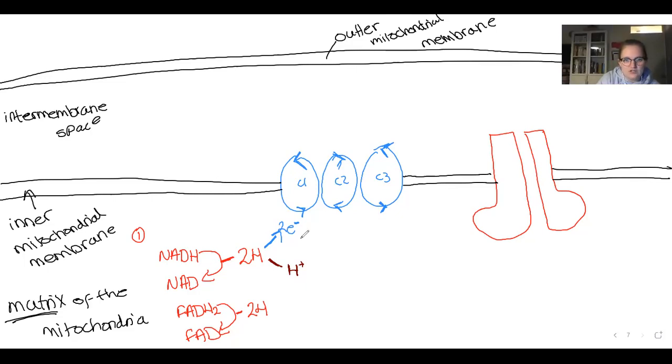So we should have protons down here. As the electrons go around the electron carrier, number 2, they lose energy. That energy is used to pump these protons into the intermembrane space.